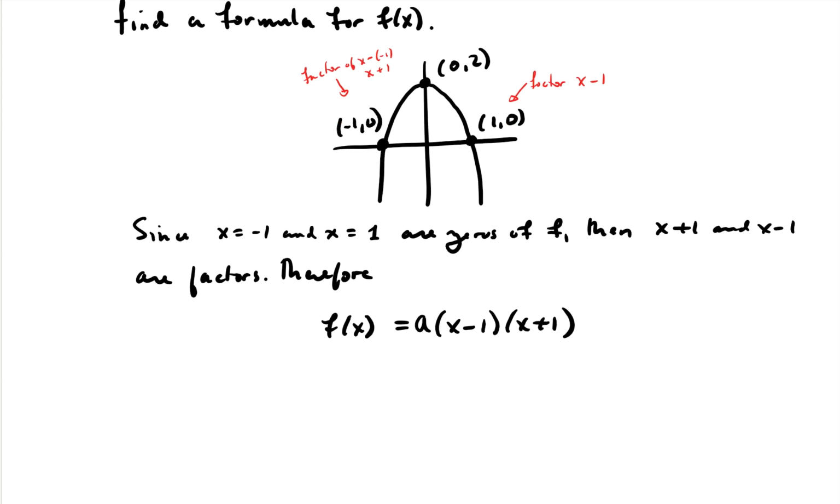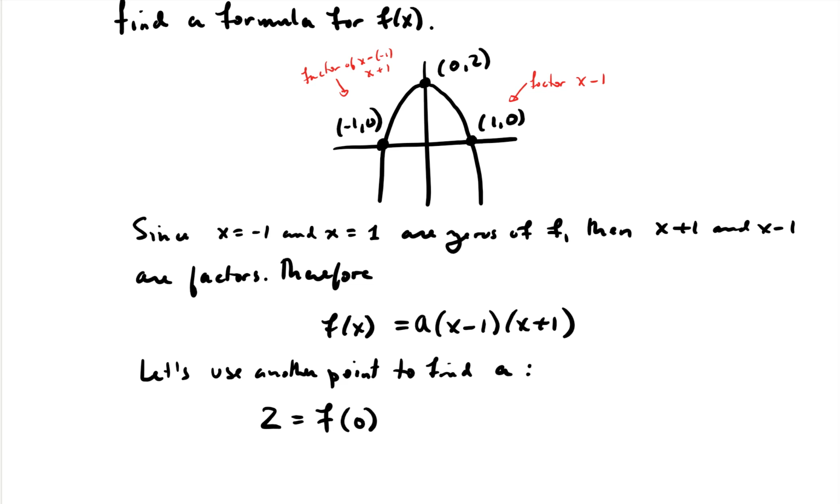So how do I find what a is? Well, let's use another point to find a. Here we're given that 0, 2 is a point on the graph. So we're going to replace x by 0 in there, and we know the output is 2, because 0, 2 is a point on the graph. So that means that 2 is equal to f of 0, and f of 0 I can calculate with the formula I came up with here.